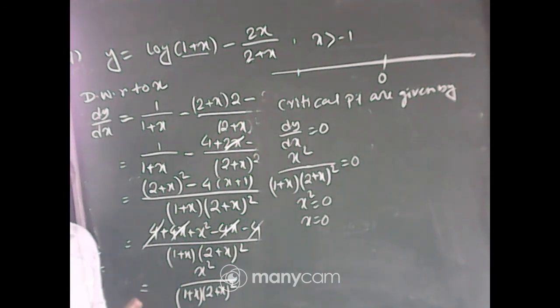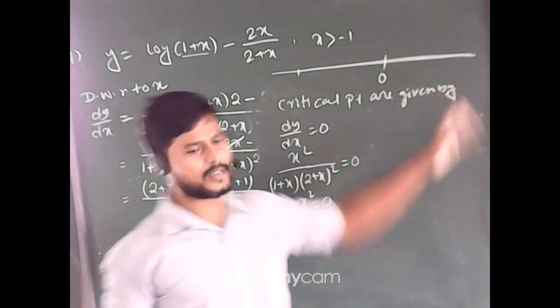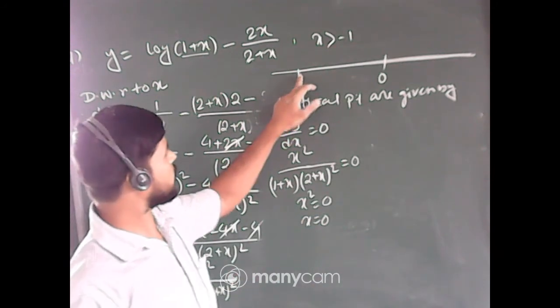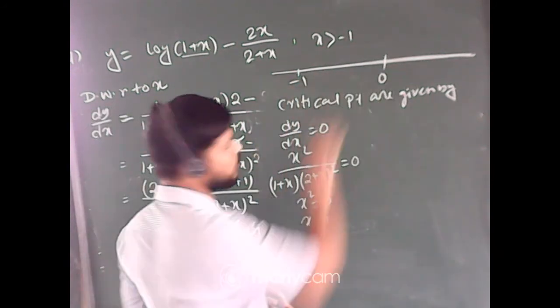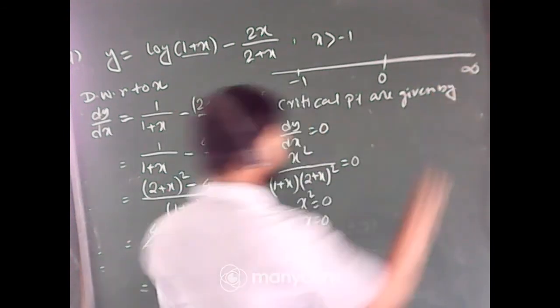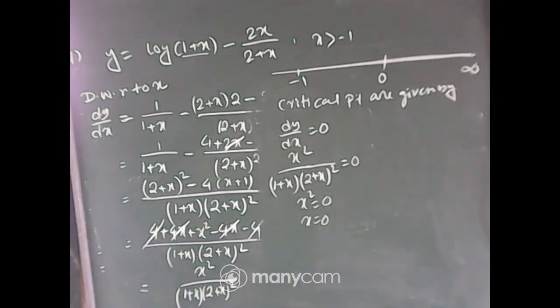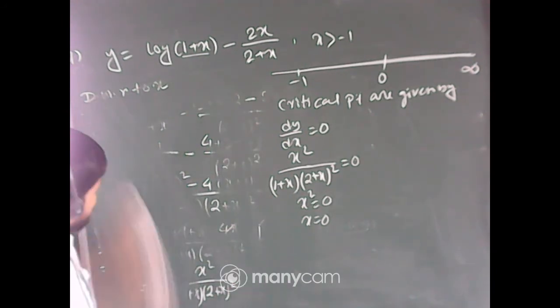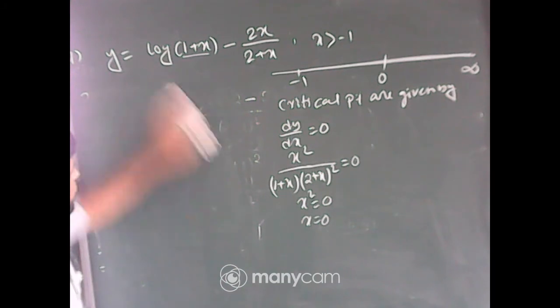Now by this critical point, the total interval is divided into two sub intervals. One interval is -1 to 0, and one is 0 to plus infinity. For each interval we have to find out whether the function is increasing or decreasing. Now two cases will be here.